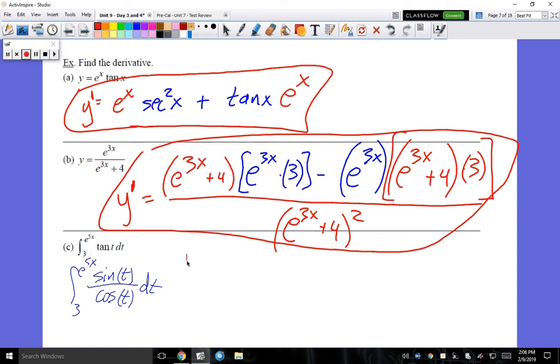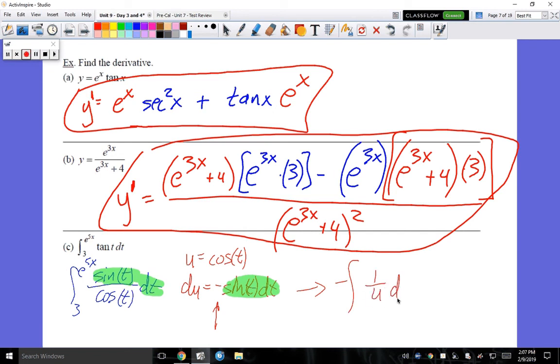First of all, u is cosine of t, because du is negative sine of t dt. Notice all of this that we just picked up right here in the original. We've done enough u substitution by now to know that the rewrite is going to be this negative, and it will be 1 over u du.